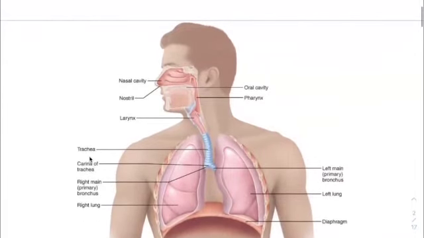Some of this is stuff that you need to know for the practical, like labeling the different parts of the respiratory system. You have that nasal cavity with the nostrils. You have the nasopharynx at the top, which isn't even labeled. Then we have the oropharynx, which isn't really labeled either, in that oral cavity.